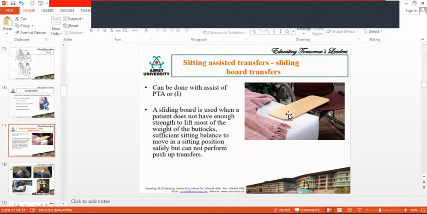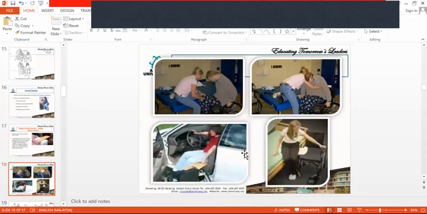So you have to make sure that the sliding board is positioned properly in the bed and in the chair, in such a way that the first position will be a little higher than the second position. Is that clear? Okay, I'll show you the picture. Something like this. You can see from the wheelchair the patient is going to the bed.